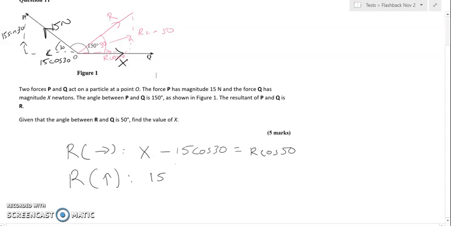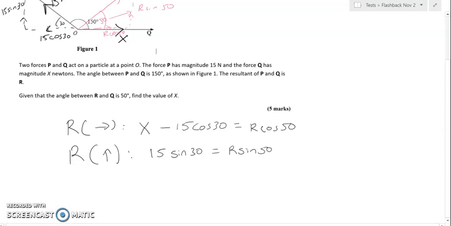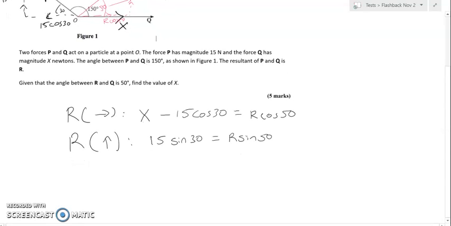So R's vertical component must come from P's vertical component. And the vertical component of P is 15 sine 30. And that must be equal to R sine 50. Right, this vertical resultant only has one unknown, and so from this we could work out R.